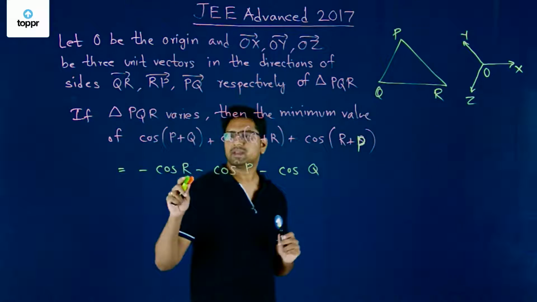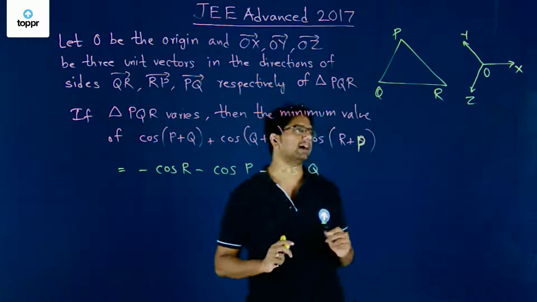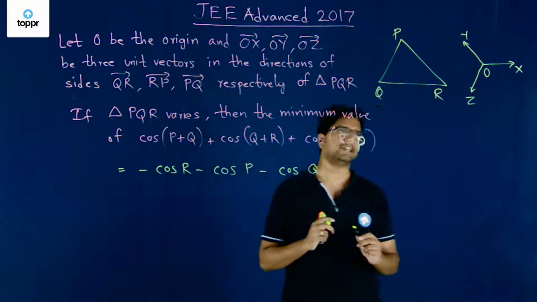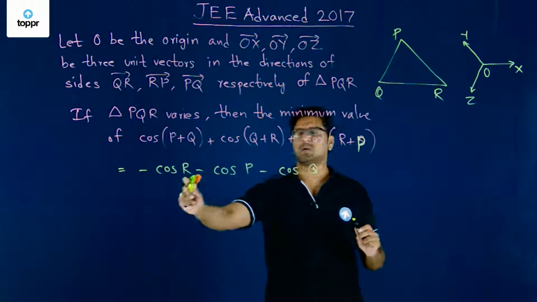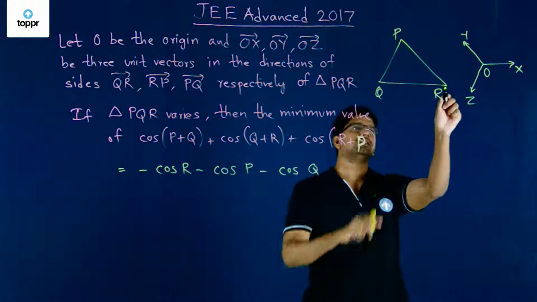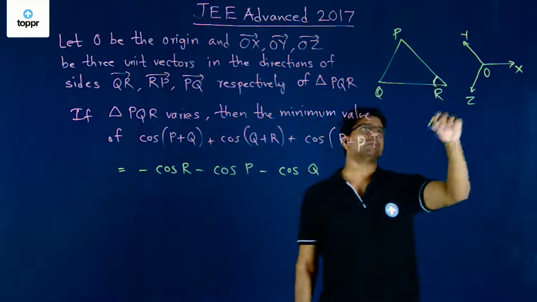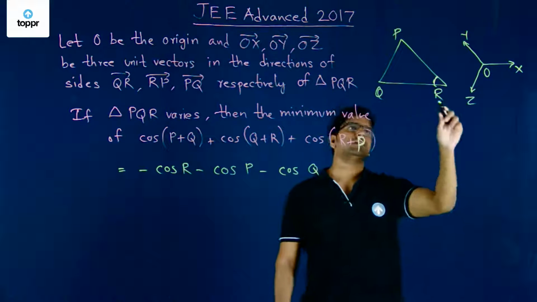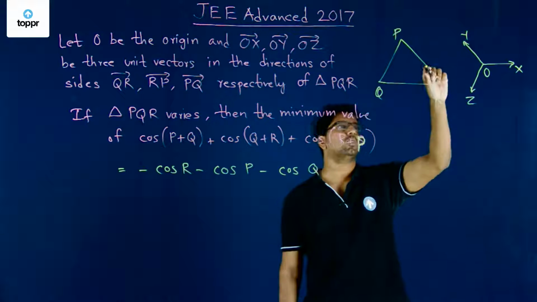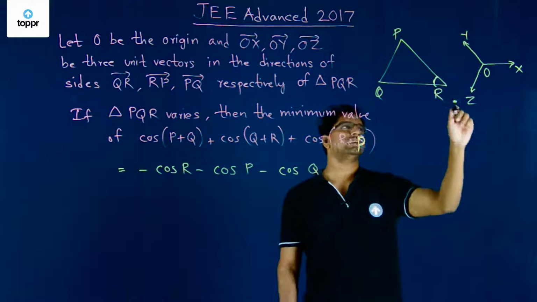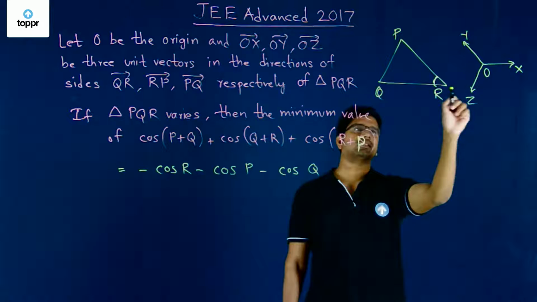So is there a way that we can represent minus cos R in terms of OX and OY? Minus cos R is this angle. What are the two vectors that are coming over here? OY, which is this one, and then we have OX.